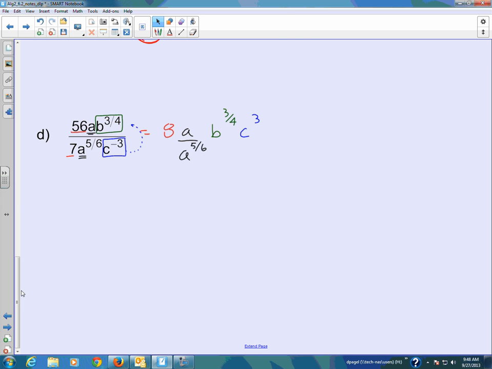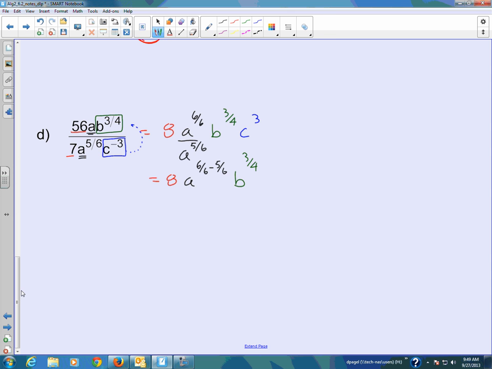All right, let's simplify all of this stuff. So we'll get our 8. And then our a, well, this is the same thing as a 6/6 here, which means I'm going to subtract the exponent, 6/6 minus 5/6. And then the b doesn't do anything.